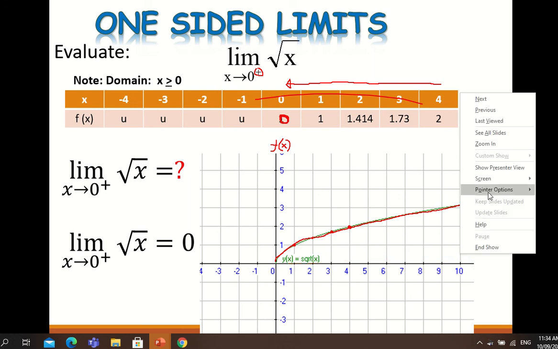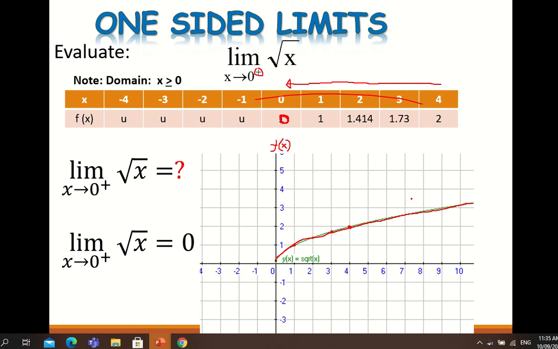So in short, this indicates all values from the right of 0 going to x equal to 0.